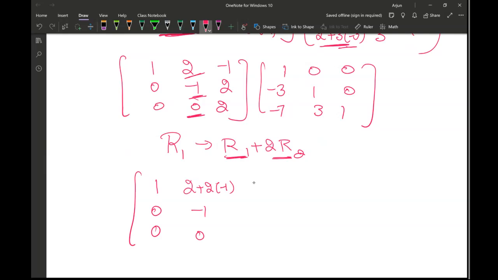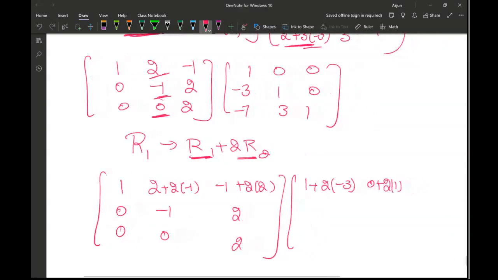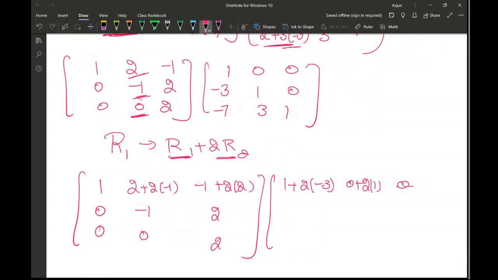Then minus 1 plus 2 times 2, and this was 2 2. Here I will mark it as 1 plus 2 times minus 3, 0 plus 2 times 1, and 0 here, and then minus 3 1 0, minus 7 3 1.